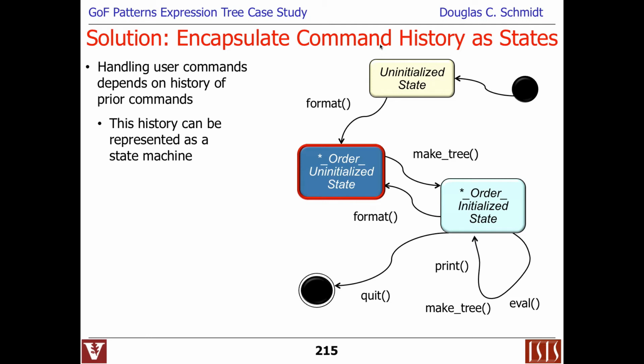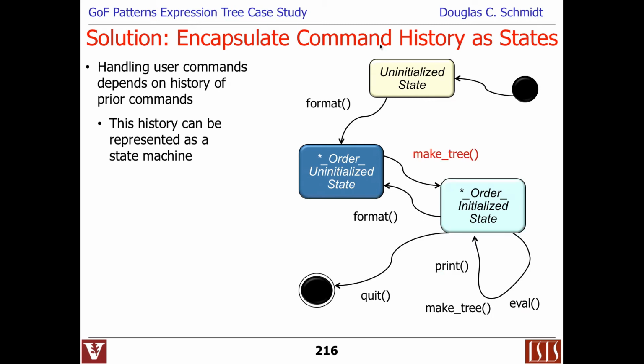So you tell what the format is, and that transitions you here. Then when somebody actually gives an expression, the make tree method gets called. And then we transition into the ordered initialized state, because now we've actually got the actual contents. We have the actual expression at this point. And then there's a bunch of things that can be done if we are in that state. We can do print, eval, we can give another expression, we can go back and do format again, and so on and so forth.